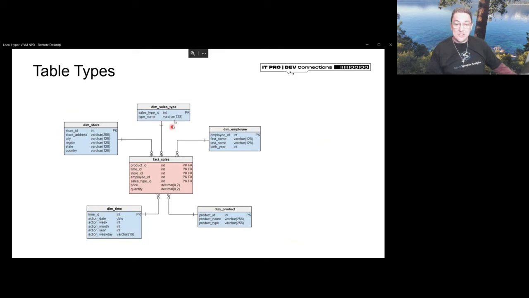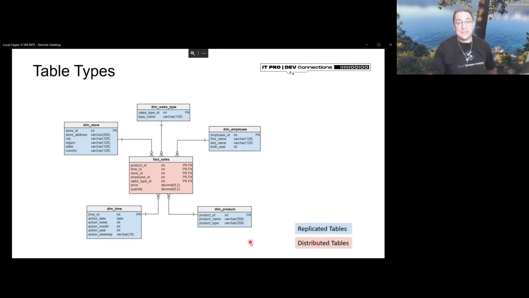And the dimension tables that are usually joined with the fact tables, I want to have them as replicated tables. Side note: don't confuse replicated tables here with the replication system that exists in SQL Server, right? It's just the same name, but there is nothing to do one with the other. Don't confuse both. So I want the dimension tables as replicated, as I put the legend here on the slide: replicated and distributed.